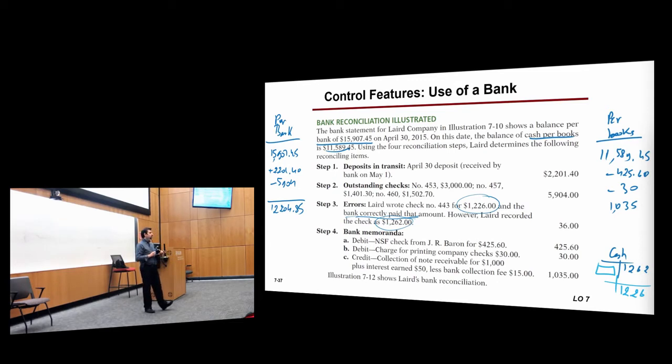How much are you supposed to? 36. We need basically to subtract 36. Now let's do the math again. Where's the mistake here? Yes. Exactly, you're supposed to add the cash. You're not supposed to subtract the cash. You debited cash.